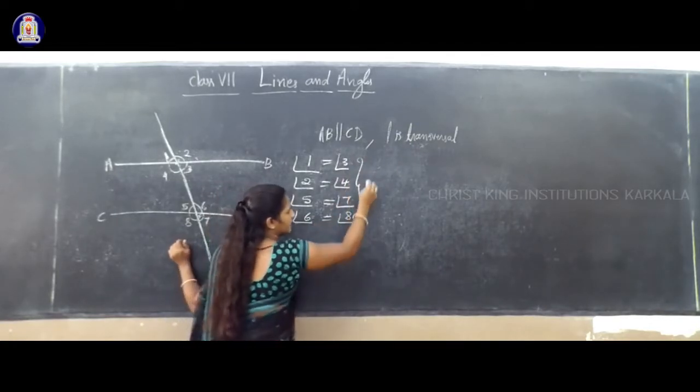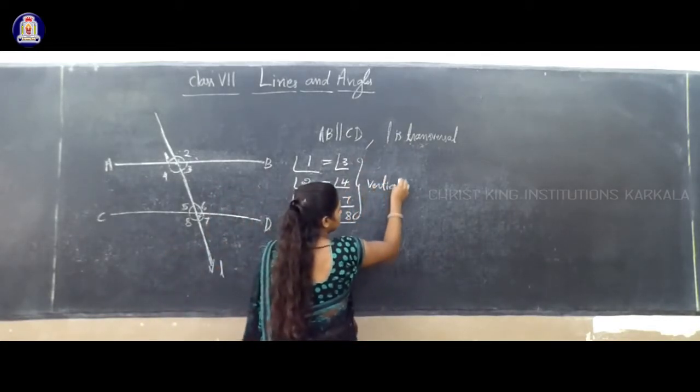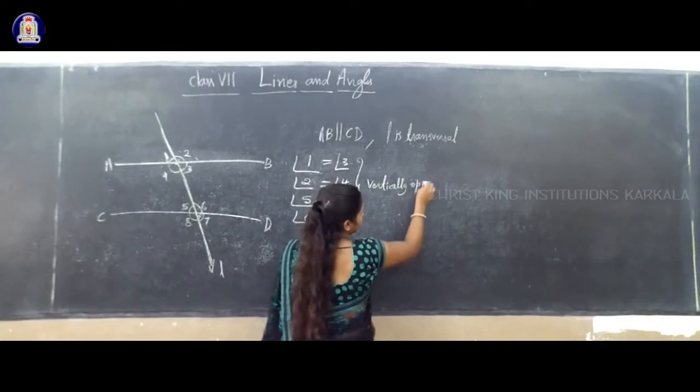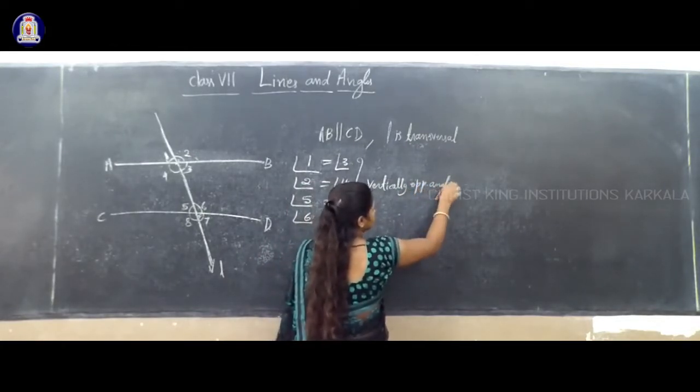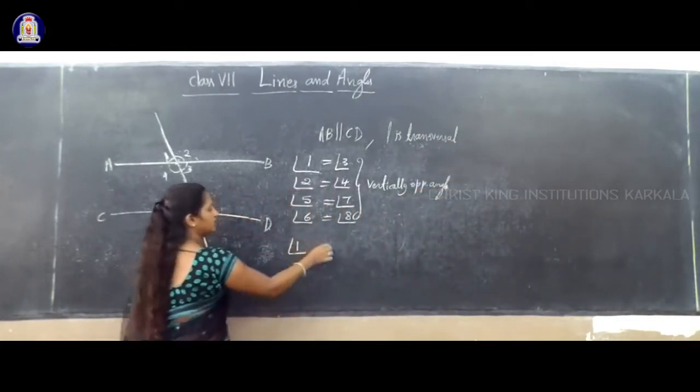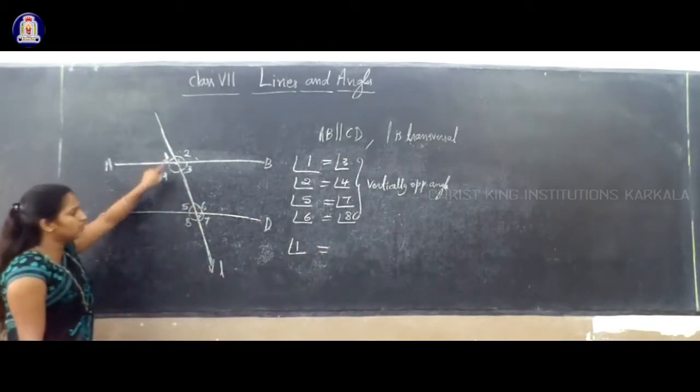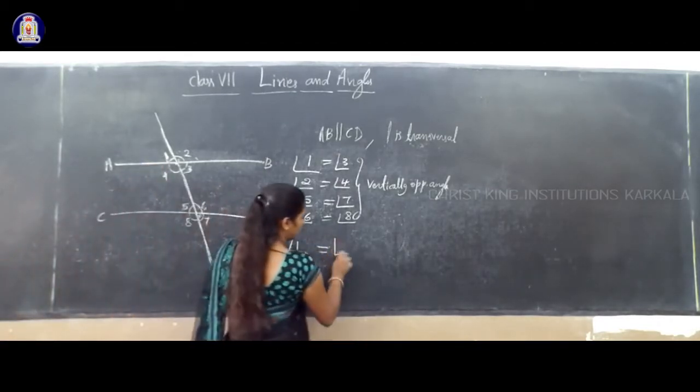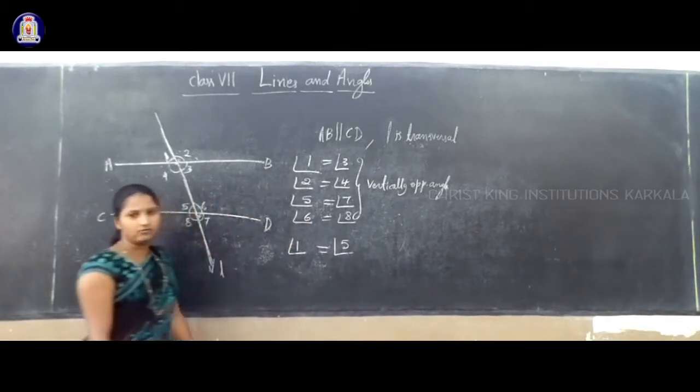These angles are vertically opposite. Next, angle 1 is equal to angle 5. So write like this, angle 1 is equal to angle 5.